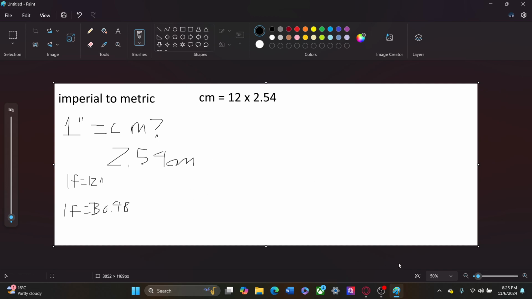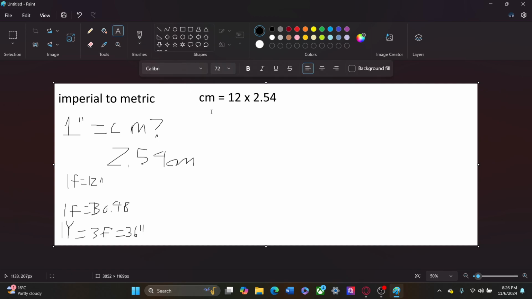So now if we want 1 yard, we know that it's 3 feet, and we know 3 feet is also 36 inches, right? So we still got to find the centimeters.